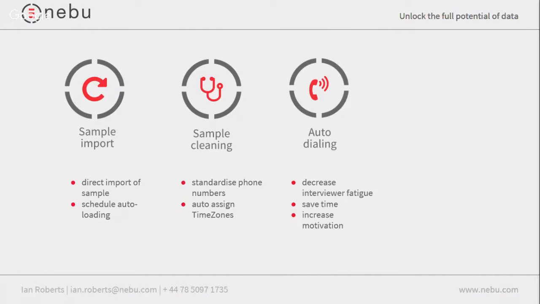Then when it comes to dialing, obviously using a dialer has benefits as well. Not only does it help to make that call, so you're saving time in dialing numbers and registering those call attempts that result in an answer machine or busy tones, you're also decreasing interviewer fatigue.